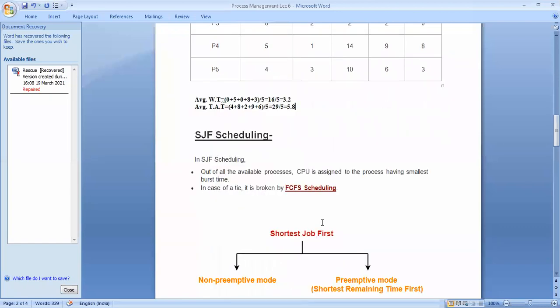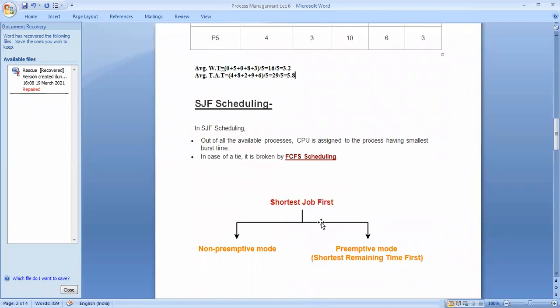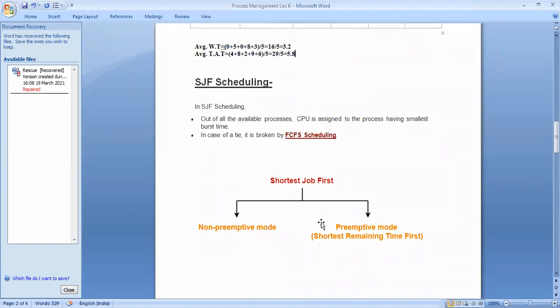Okay. So let's see one example. At that time I think your concept will be clear. Here there are two types: shortest job first in non-preemptive mode and preemptive mode. What is the meaning of non-preemptive?